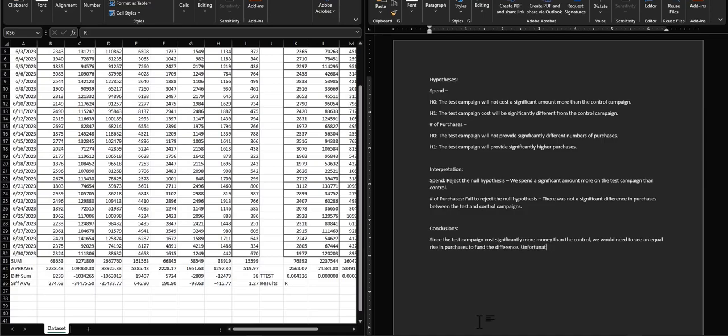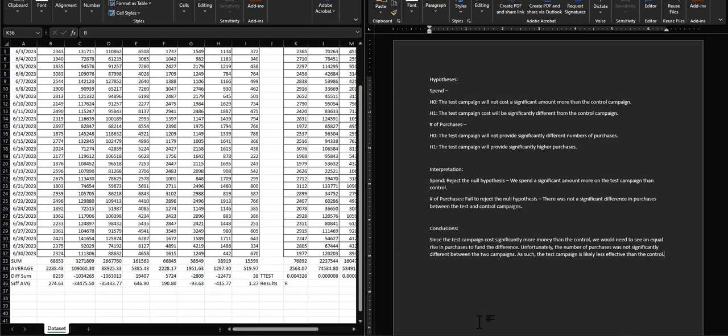Unfortunately, the number of purchases was not significantly different between the two campaigns. As such, the test campaign is likely less effective than the control. 3 statements.